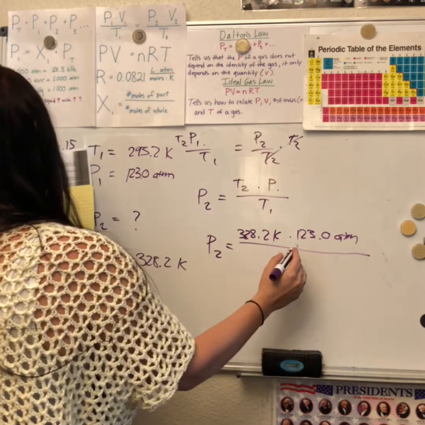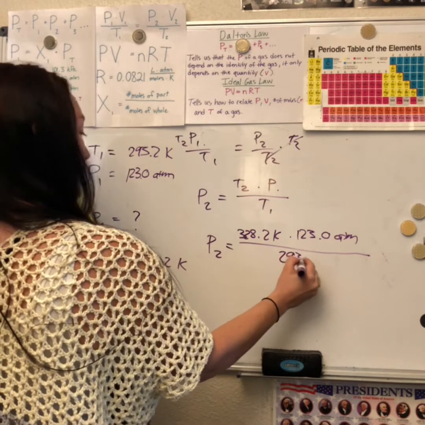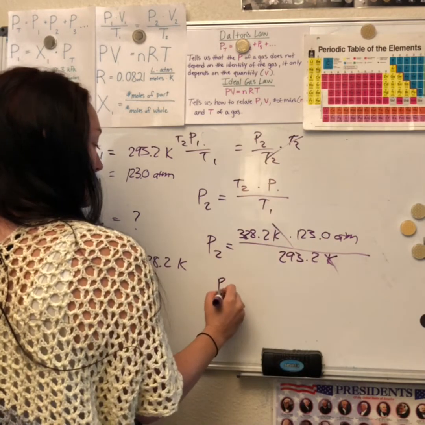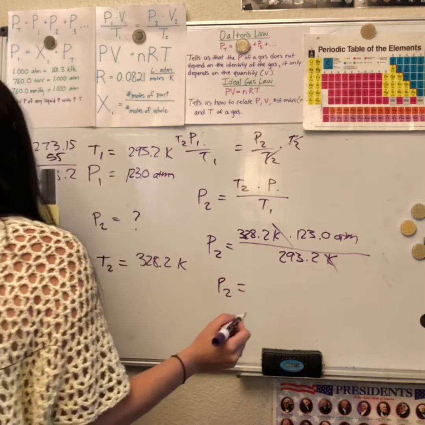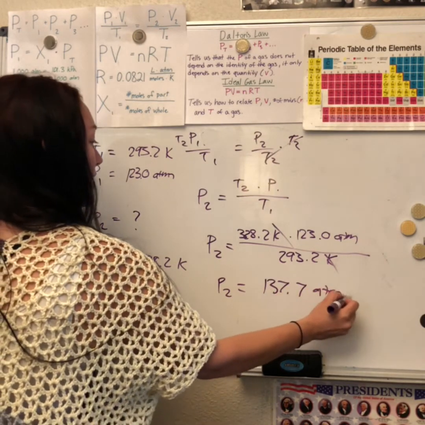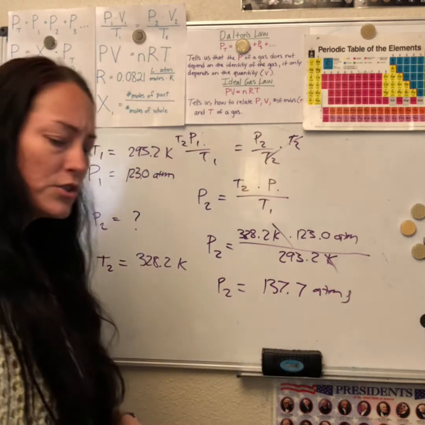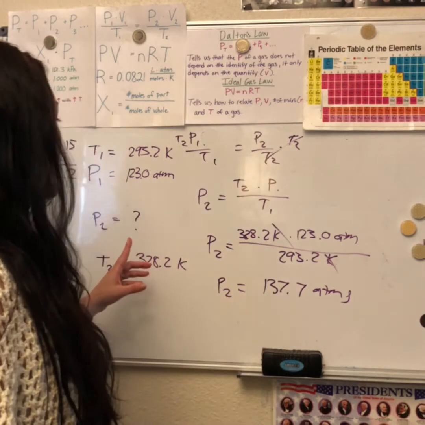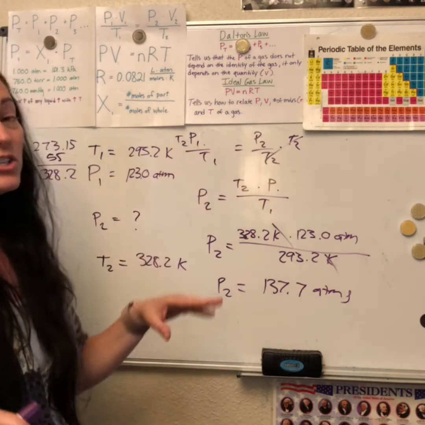All over that first temperature, which was 293.2. So cancel your units of Kelvin. You're going to end up with an atmosphere, which is good. That's what we're looking for. If I crunch it all through, I get 137.7 atmospheres.